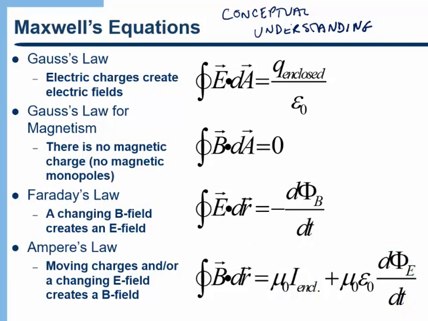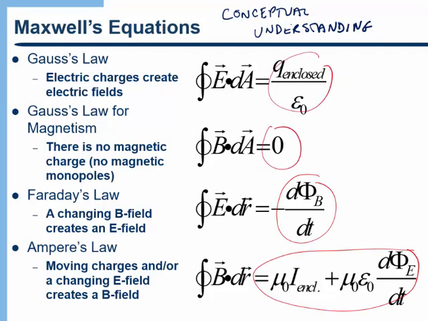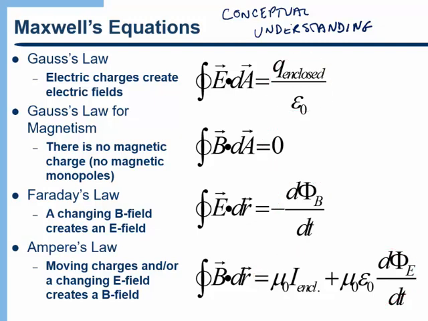Now, one of the things that's kind of interesting is that there is an asymmetry among these equations. We've got one term here, we've got two terms here. We have something here, we don't have something here. What's kind of cool is if magnetic monopoles are eventually discovered, we know exactly where they go, theoretically.